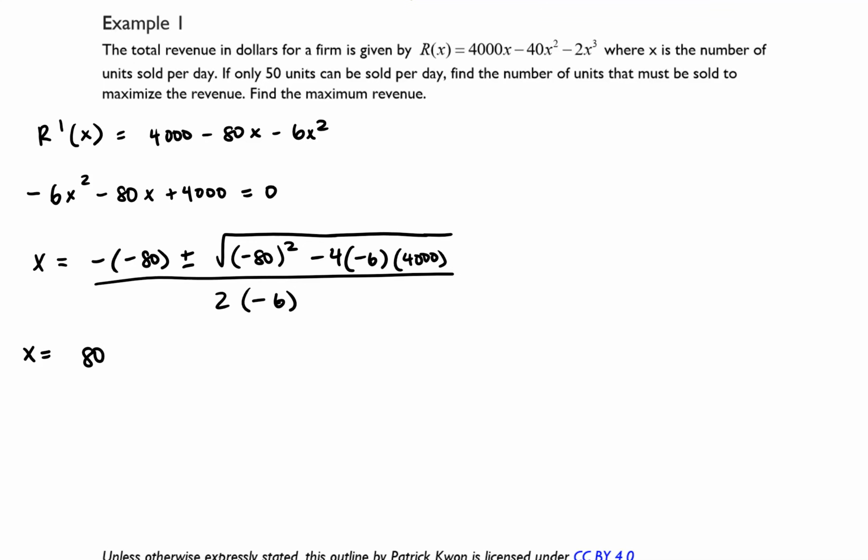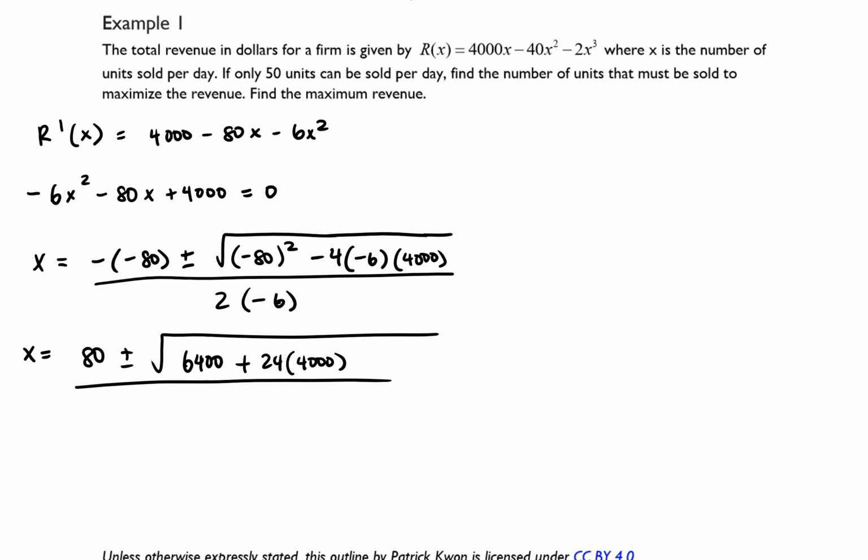So we get 80 plus or minus the square root of 80 times 80, which is 6,400, plus 24 times 4,000, all over negative 12. That ends up equaling 80 plus or minus the square root of 102,400 over negative 12.